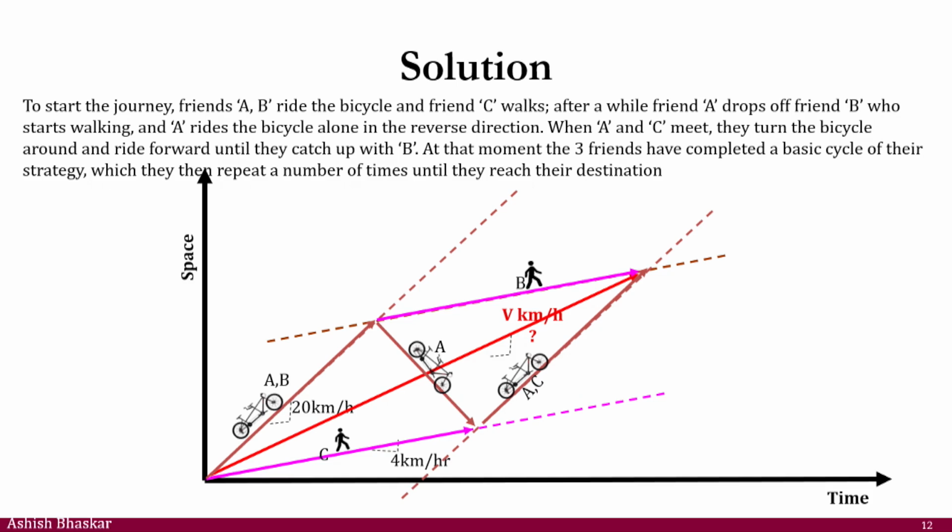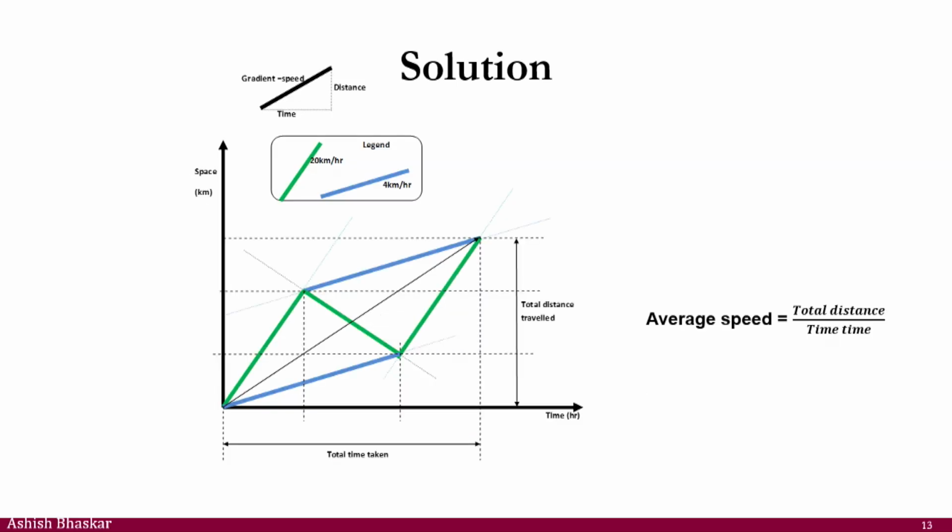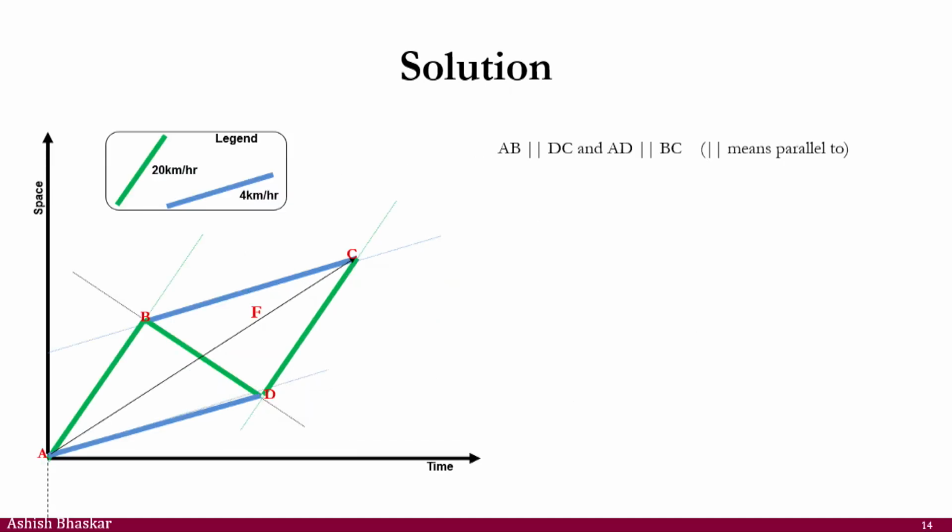I think I have a solution here. This is 20, this is 4. That's actually the gradient, as you see here, what you're interested in. AB is parallel to DC, and obviously this is a parallelogram. These two lines are actually parallel. So if you assume this as 1, which you have assumed T1, it becomes 20 times T1.